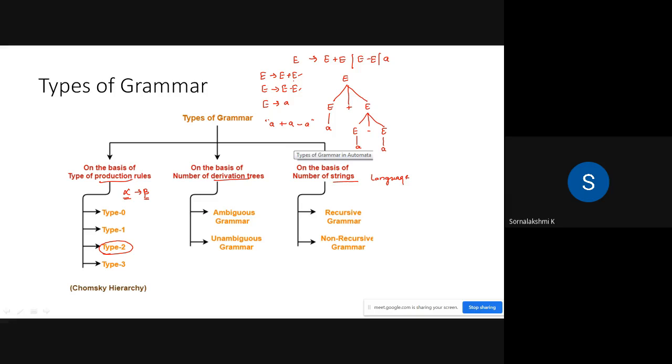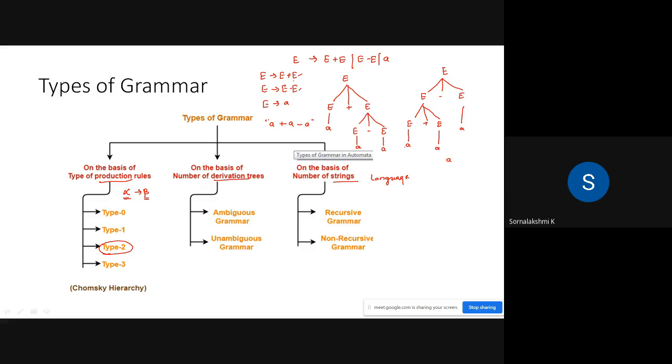For the same grammar, I can construct a different parse tree. I can choose E minus E. Then I expand this using E plus E. Now I substitute all E's with the terminal A. What does this generate?